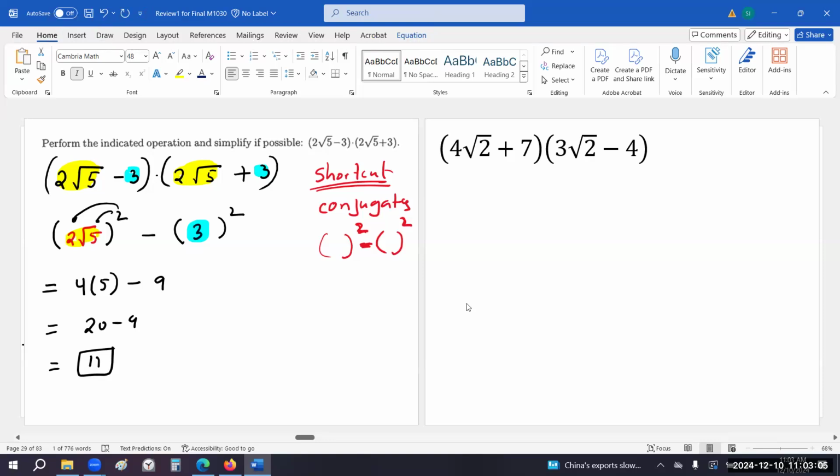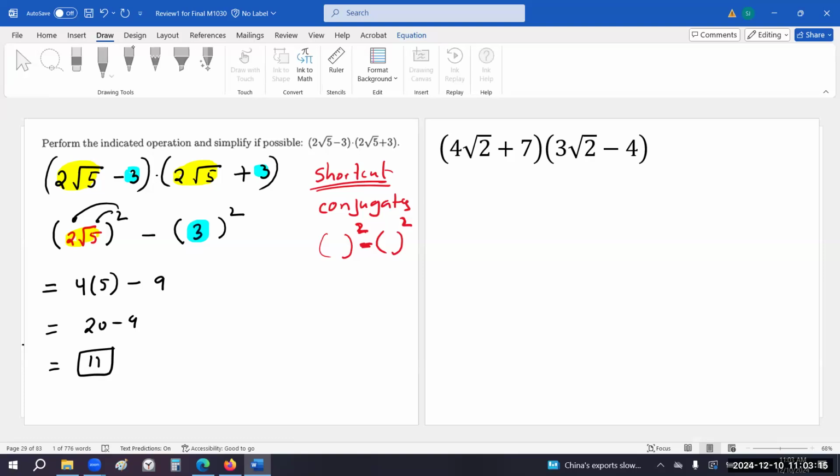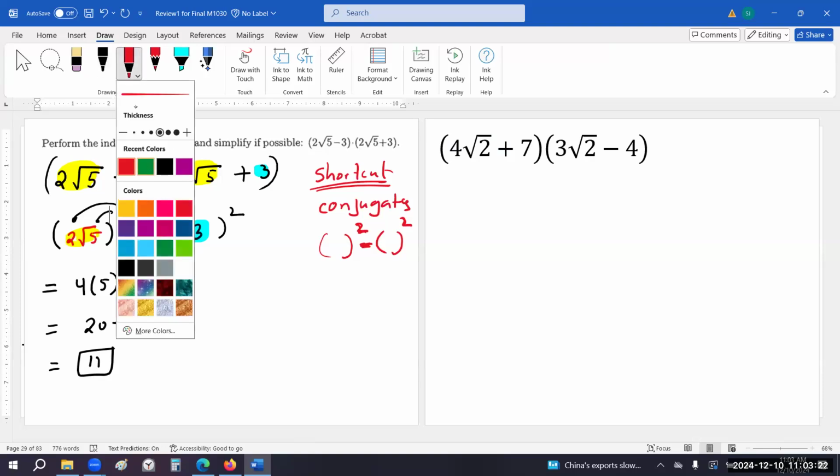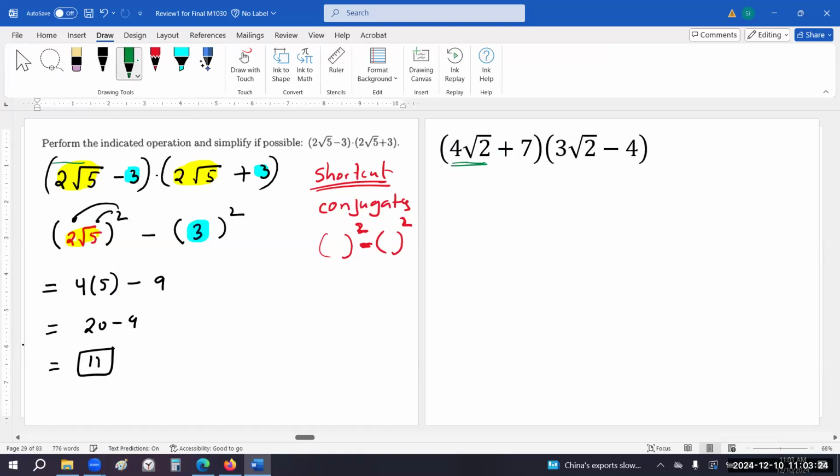So this time we cannot use the shortcut because the two factors you are working with don't have the same two terms. So we really have to do foiling this time. We take the first term.